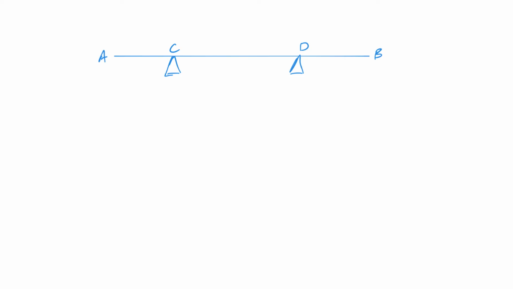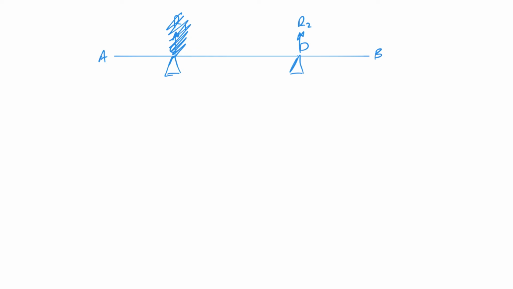So what that means is that initially we would have reactions at both of these points, and when it's about to tilt at C, that one would disappear. Or if it was about to tilt at D, this one would disappear.